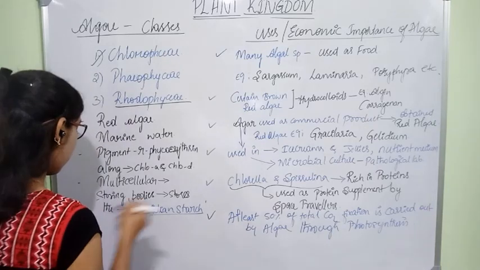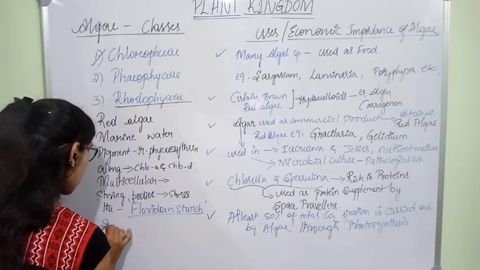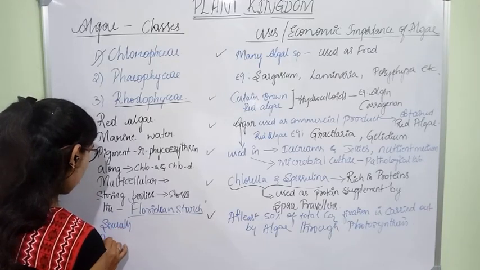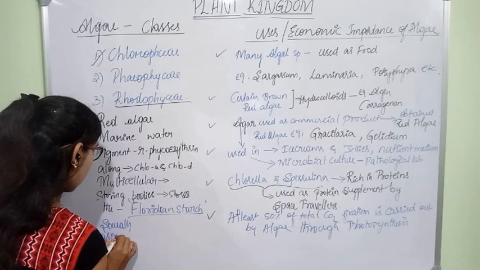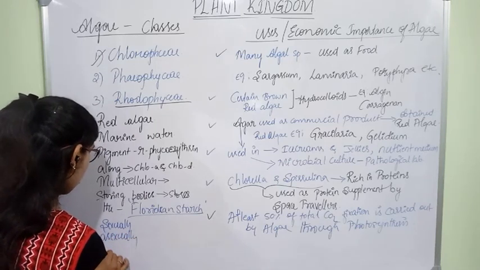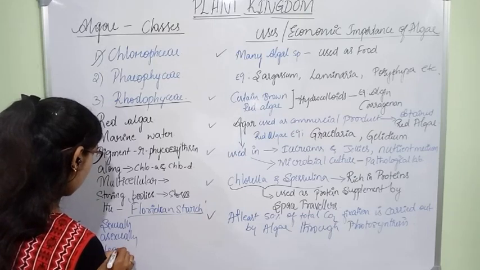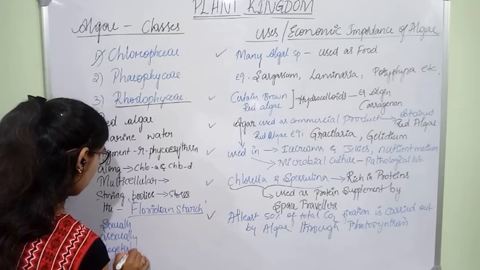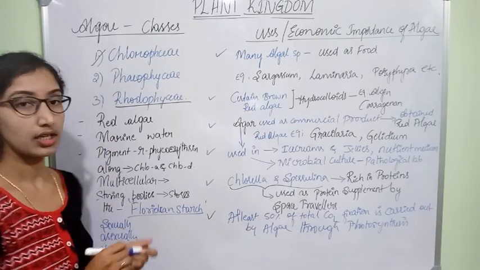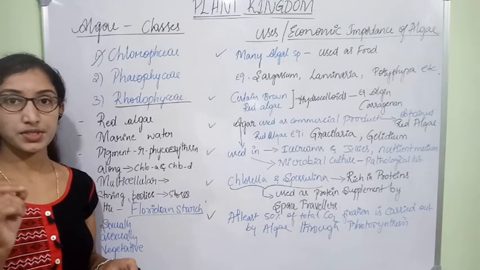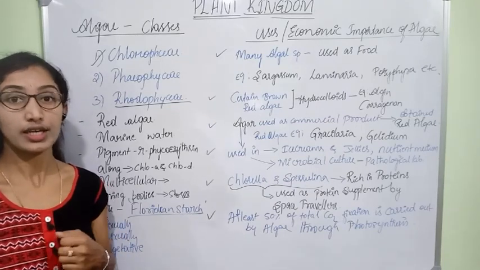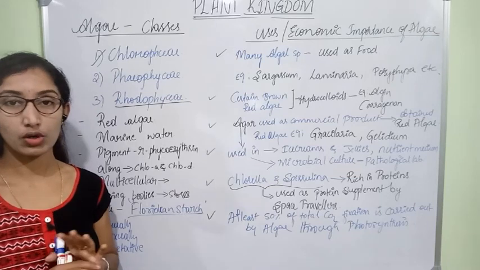They also reproduce by all the types: sexually, asexually, as well as by the vegetative method. When we observe reproduction in the red algae, we usually observe all the types.